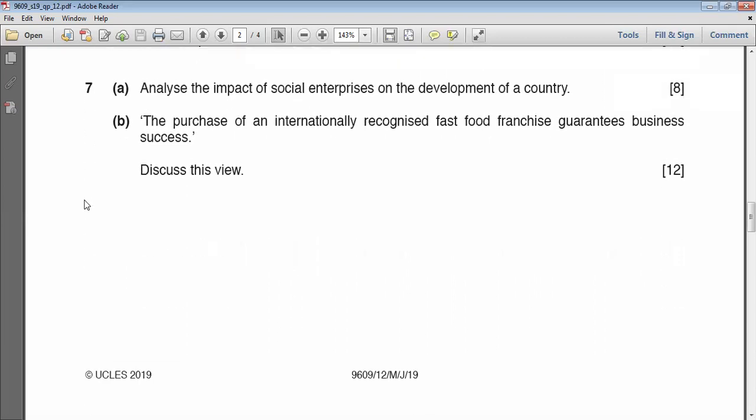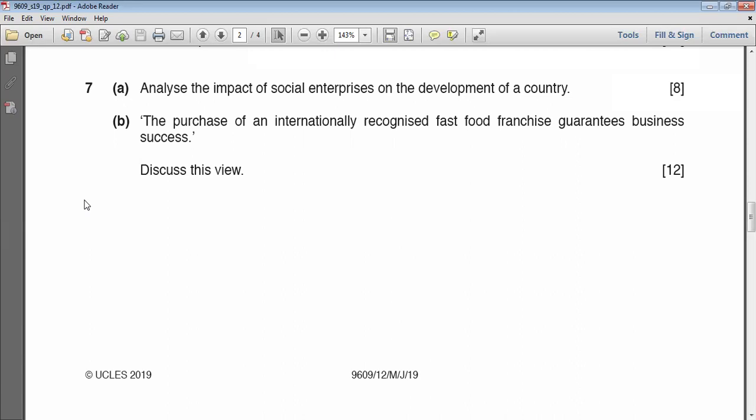Question 7, the last question here. Analyze the impact of social enterprises on the development of the country. As I mentioned, question A of part B, 5A or 6A, doesn't always ask for advantages or disadvantages. Sometimes it can ask the impact.